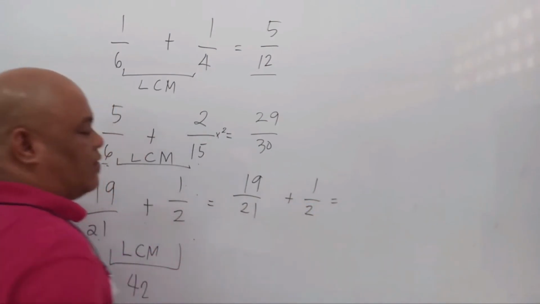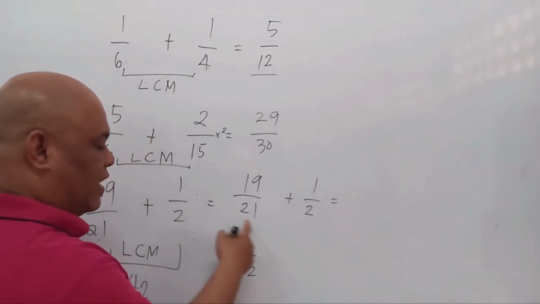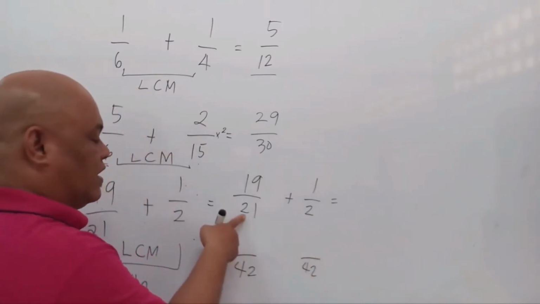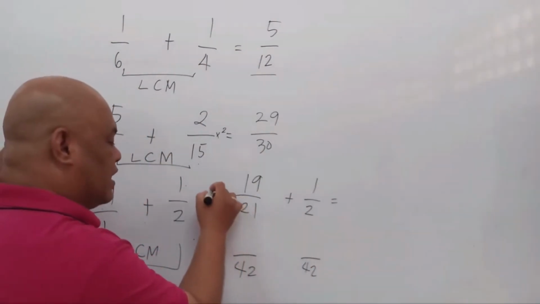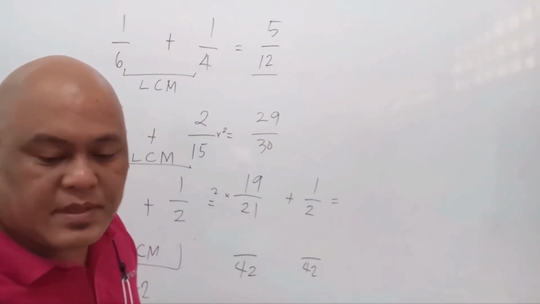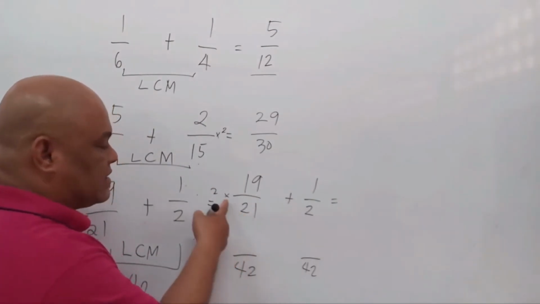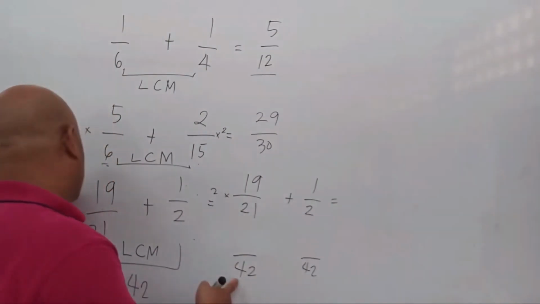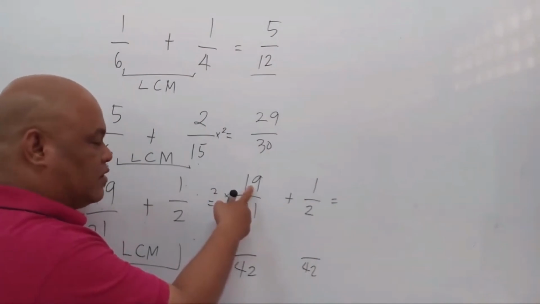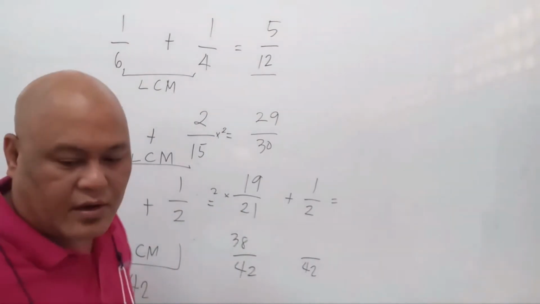Now, how will you get 42 in 21 and 42 in 2? 21, you have to multiply by 2. 21 times 2 is 42. 19 times 2 is what? 38.